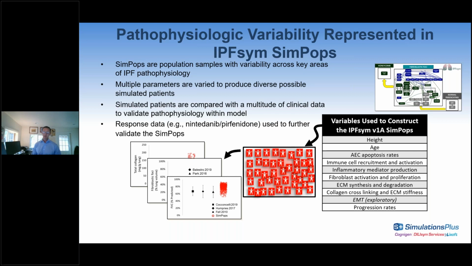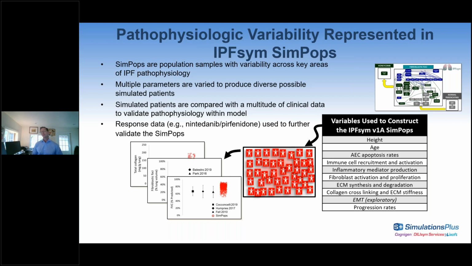The final step is really crucial in as much as it allows some confidence to be established that not only can you generate the progression aspects of the disease, but also the response to treatment. And that is to subject all of these same new simulated patients within a SimPops to the standards of care and to ensure that, in fact, they're responding to treatment appropriately.